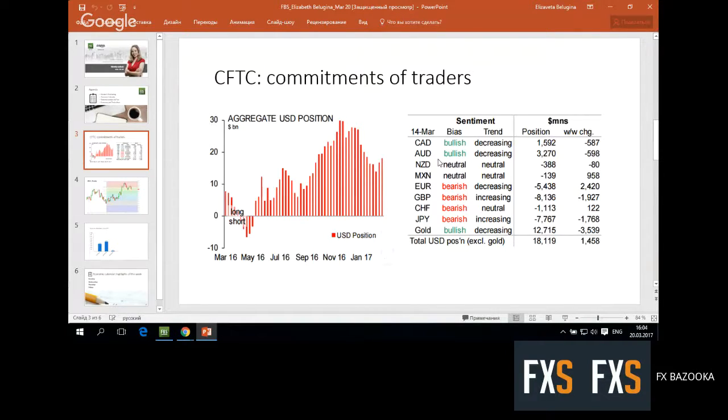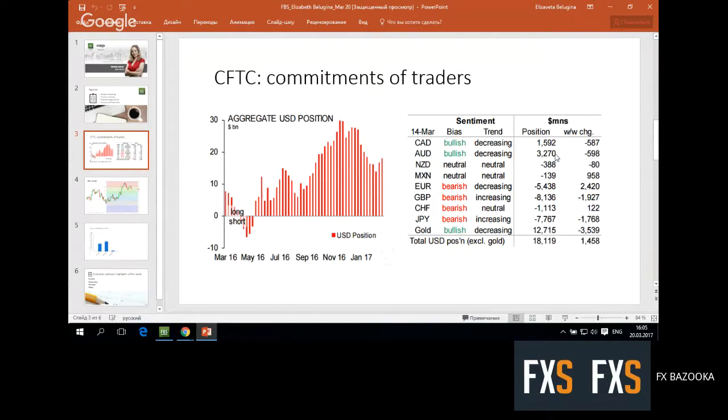As for commodity currencies like the Canadian and Australian dollars, they have net long positions, but the weekly change shows us that this net long position decreased, and the overall bullish net position is not very big on the Canadian and Australian dollar. So it may be that some big reversal is taking place for these currencies.